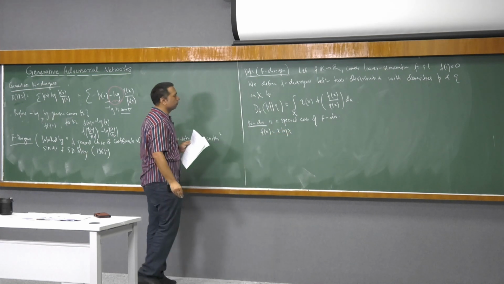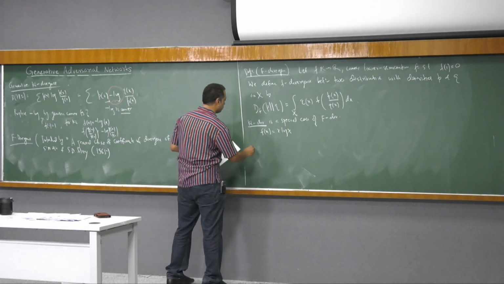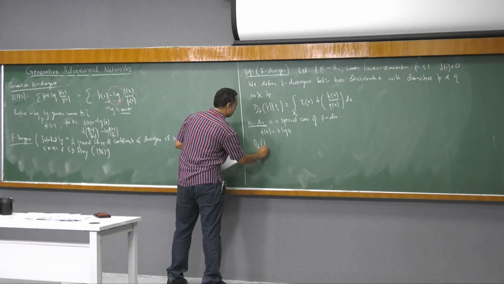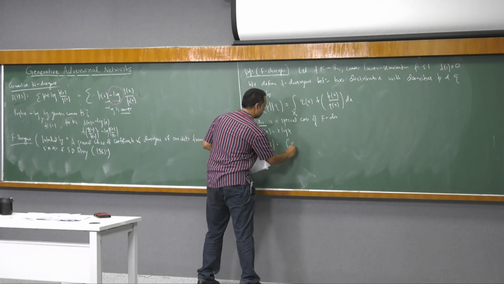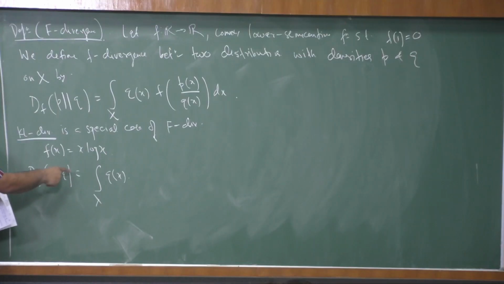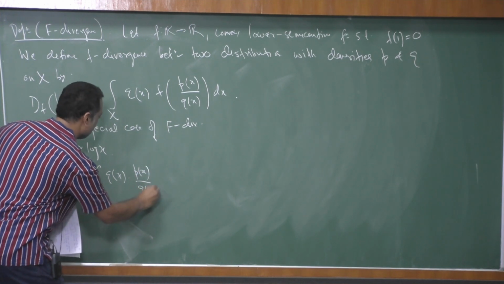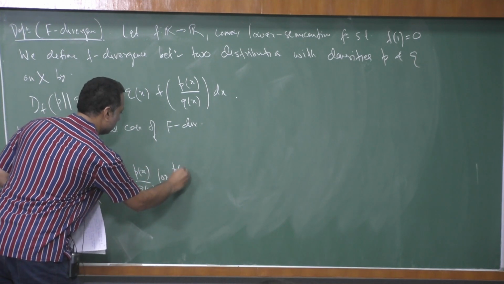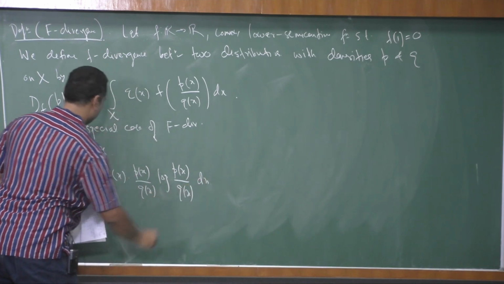Now if I do that, f(x) is x log x, then the f divergence for this is q(x) remains, and then in place of x I have, since I must substitute p(x) by q(x), this is p(x) by q(x) log p(x) by q(x) dx, right?